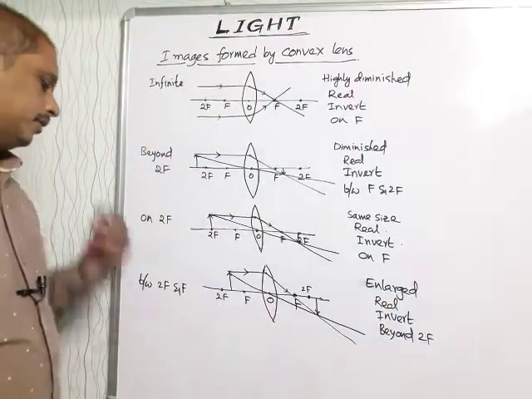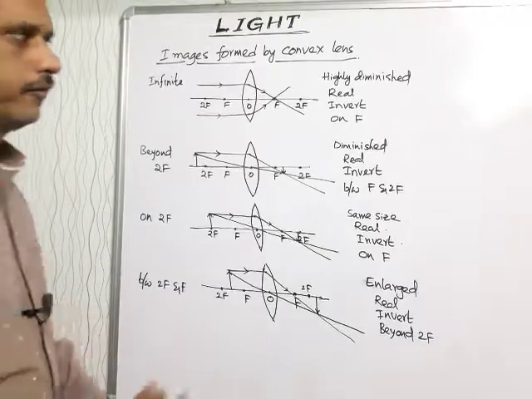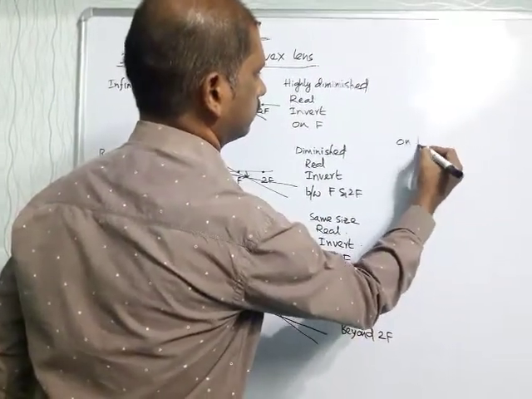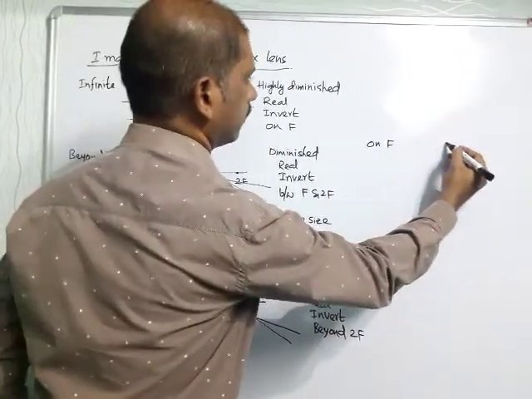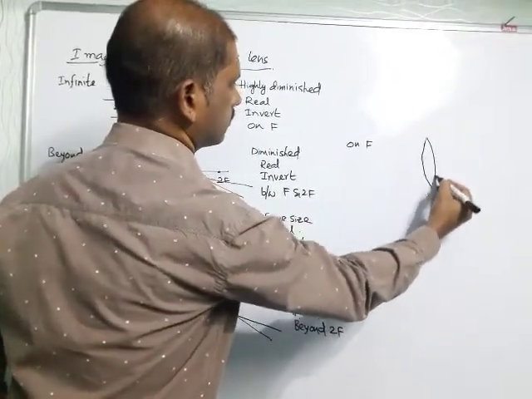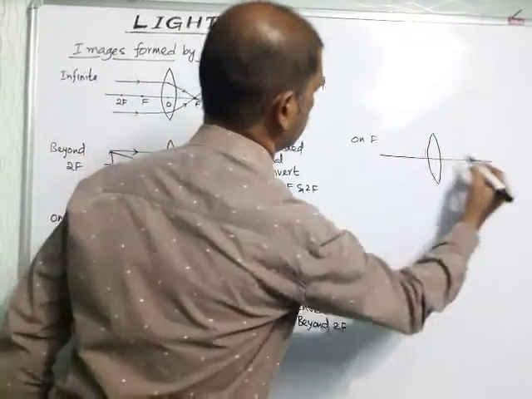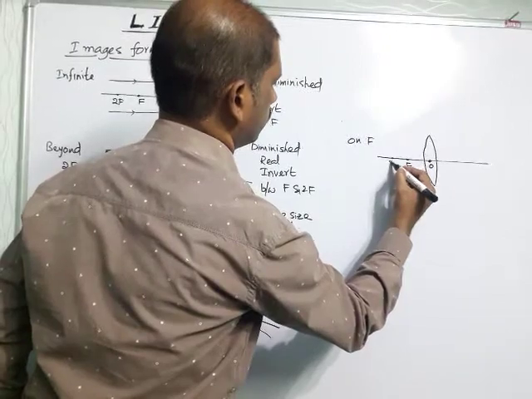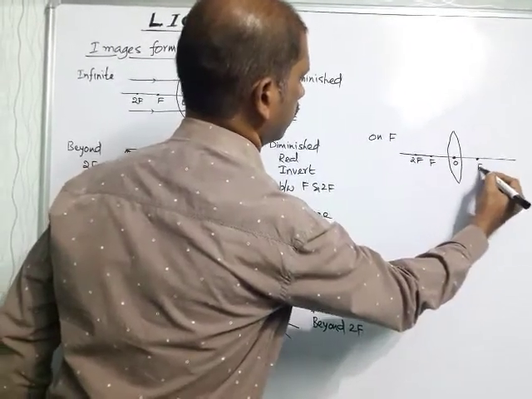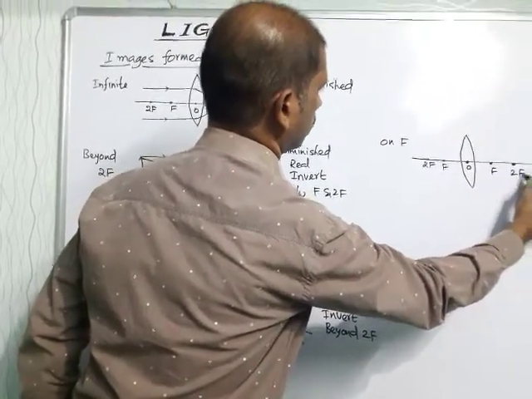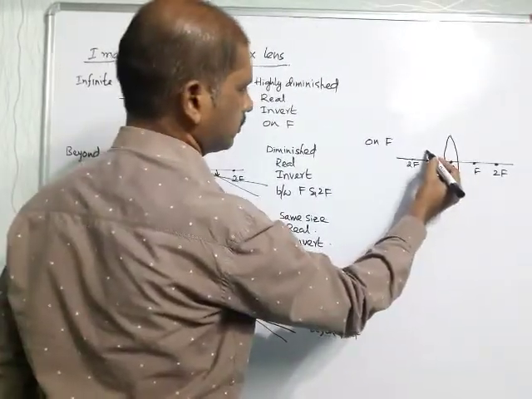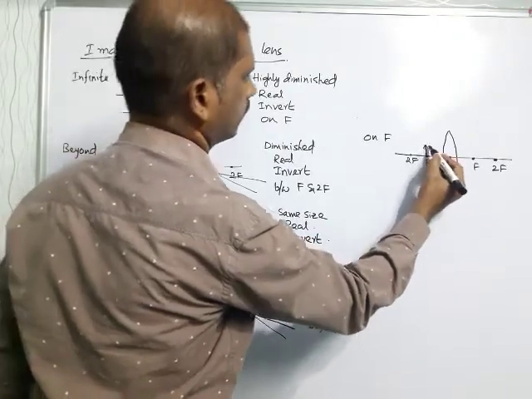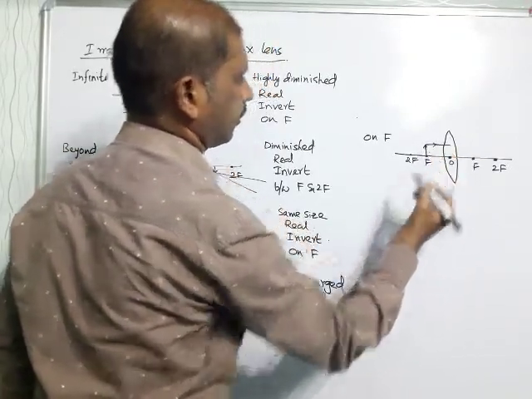Okay. Next, the object is kept exactly on f. Now take the convex lens. This is the convex lens, principal axis, optical center, focus, 2f, this is also focus, center of curvature 2f. The object is kept exactly on f. Then one parallel ray you have to take.